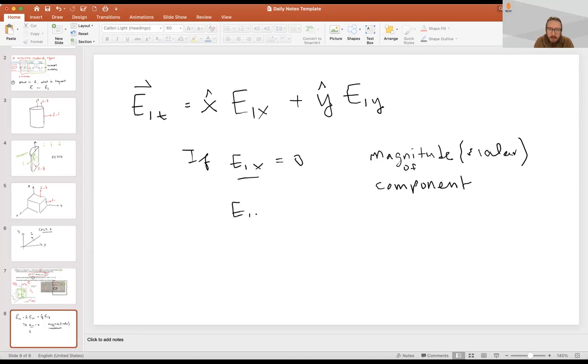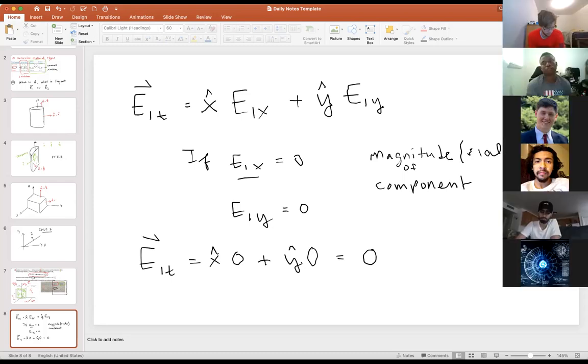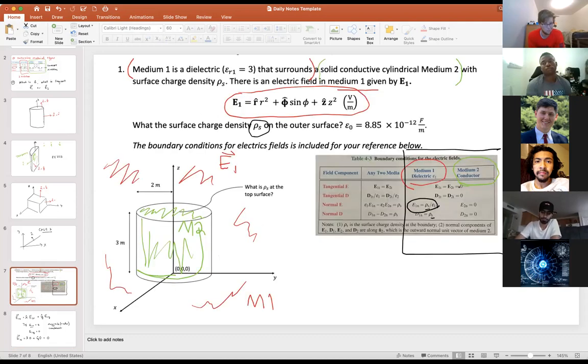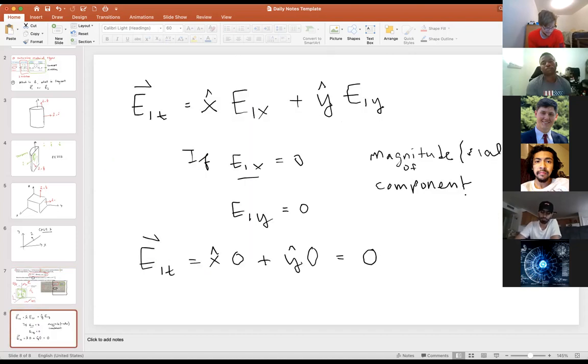And E1y is equal to 0. So if both the magnitudes are 0, in this case, even though it's a vector, you sometimes see it written as just being equal to 0, like it looks like a scalar. And that is what is going on in here. It's just saying that every component of the vector field, the magnitude of that component is equal to 0.